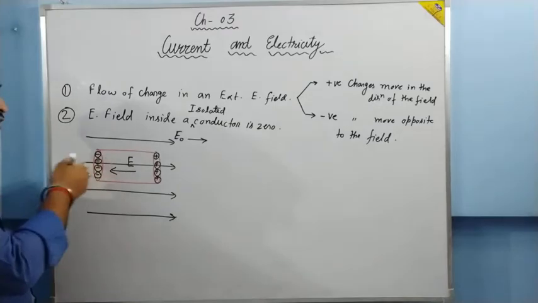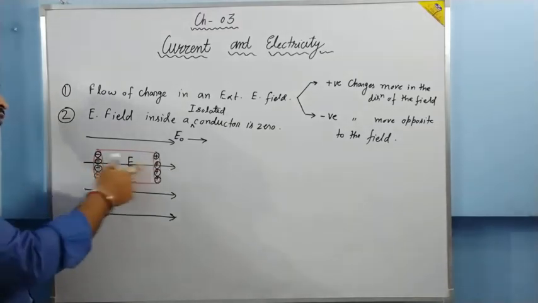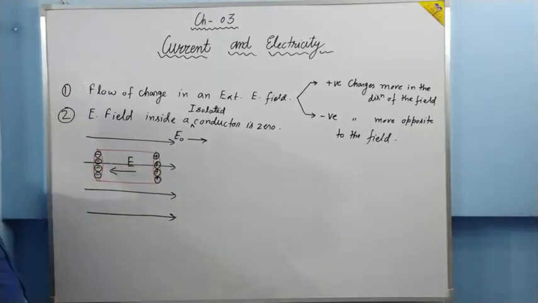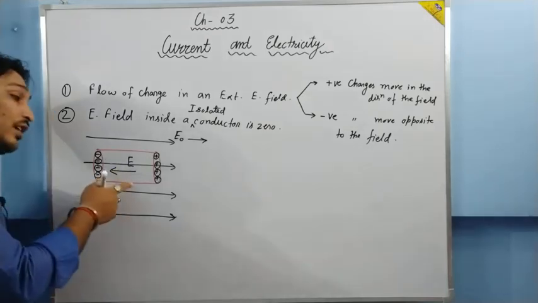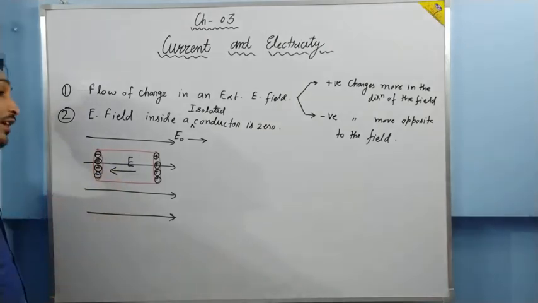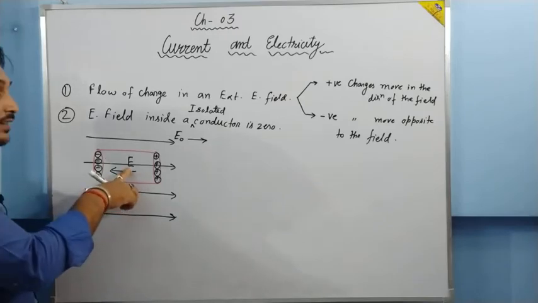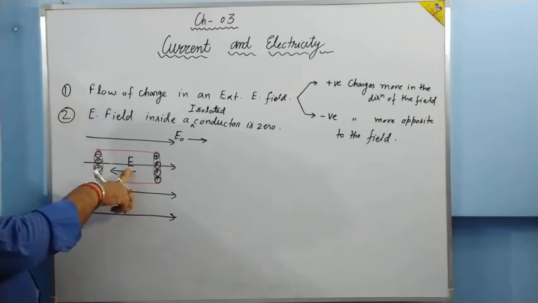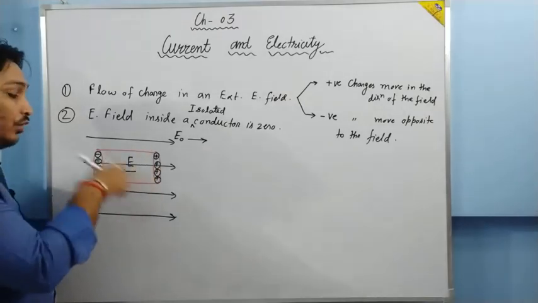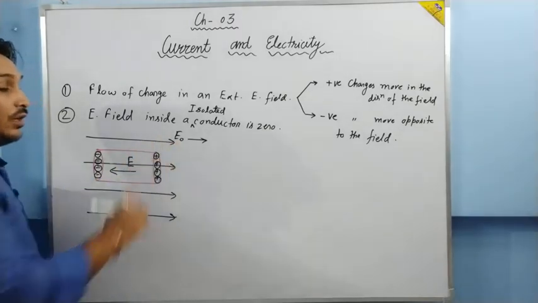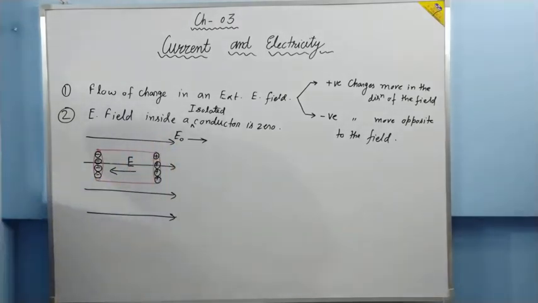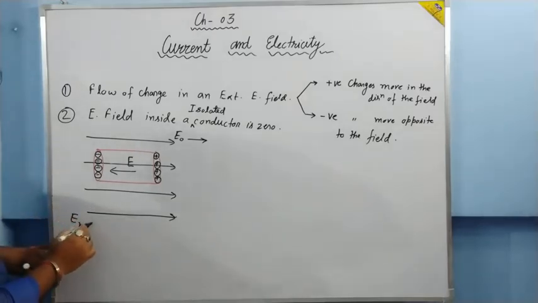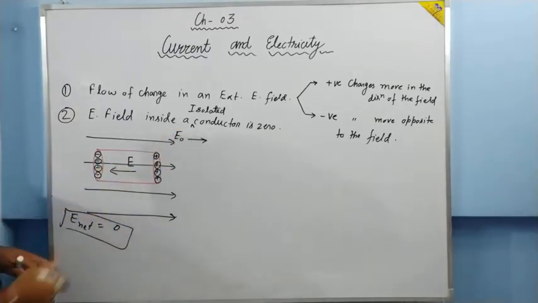As more charges go to the sides, negative charges here and positive charges here, this electric field increases, and electrons will get transferred until the electric field developed inside the conductor due to these charges becomes equal to the electric field present in the space. The net electric field in that case will be what? 0. E minus E. Inside the conductor the electric field is 0.